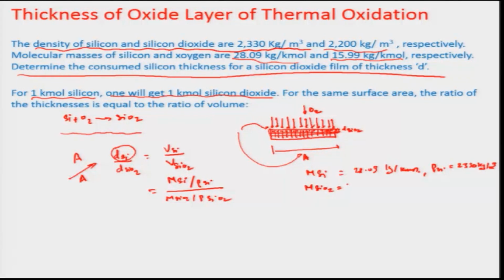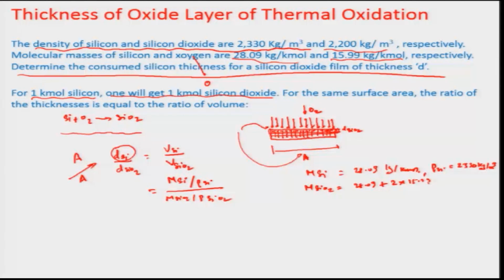Similarly, the molecular mass of SiO2 in this case would be equal to 1 mole of silicon and 2 moles of oxygen. The oxygen O has a molecular mass of 15.99 kg per kilomole, which means SiO2 contains 2 moles of oxygen, so 2 into 15.99.